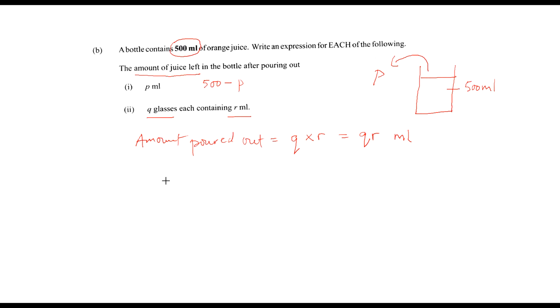So therefore the amount remaining in the container is 500 minus QR. So the answer for part 2 is 500 minus QR, not just QR.